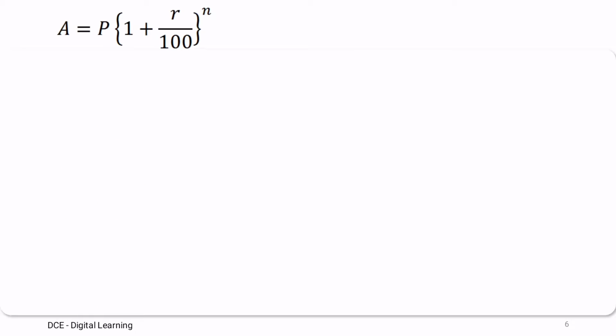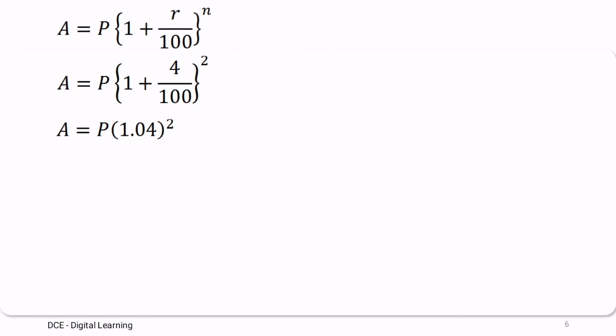Now compound interest, A equals P into bracket 1 plus R divided by 100 raised to N. So A equals P into bracket 1 plus 4 divided by 100 raised to 2. So now 1 plus 4 divided by 100, 4 upon 100 is 0.04, plus 1 is 1.04 raised to 2.